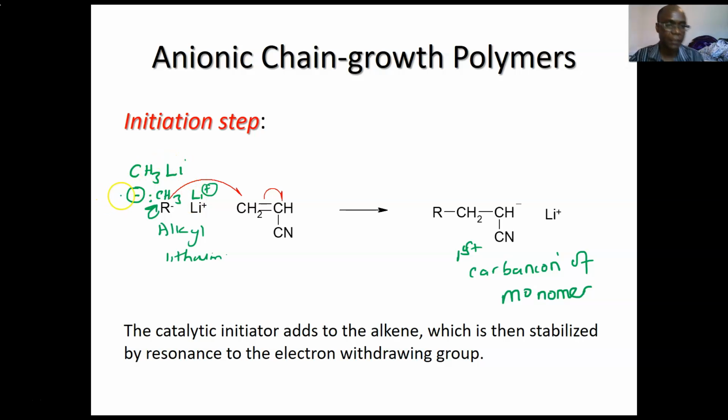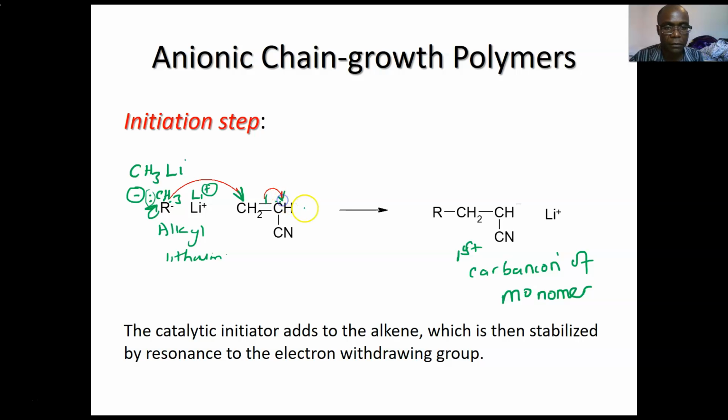So use that lone pair in your R group to attack the carbon of the vinyl. It is some sort of SN2-like attack. So you attack this carbon, the pi bond opens up, and these two electrons are donated to the carbon.